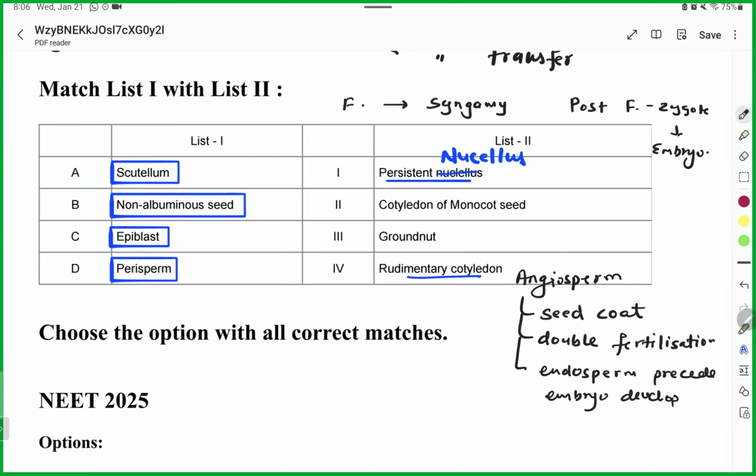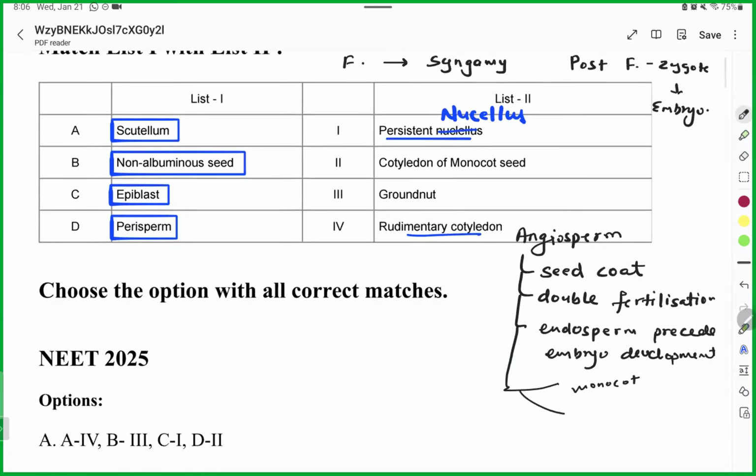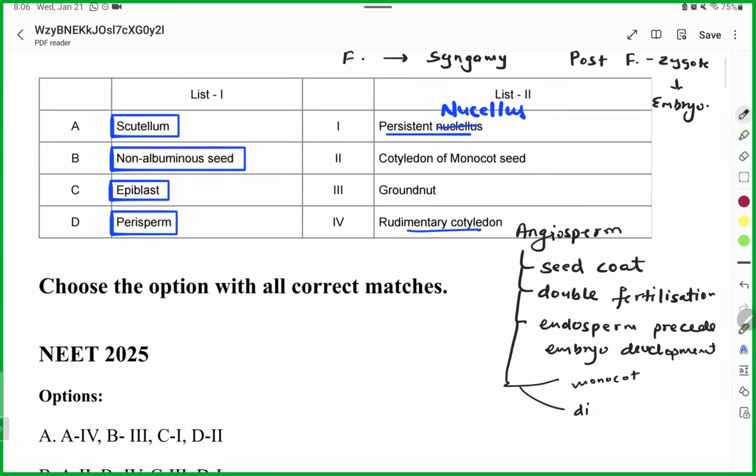What else? They can be differentiated into monocots and dicots. They are the most widespread plants. What else? Not sure, sir. What is the meaning of angio? I forgot, sir.